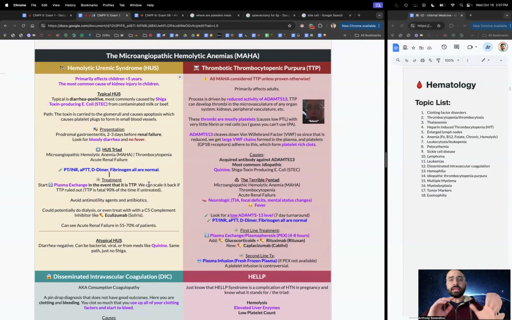Now, HUS can progress to something called TTP. I guess in the case that you get this HUS with an adult, this can go to TTP, which is extremely life-threatening. These are both pretty big deals. So if you're not sure which one, you actually start plasma exchange. And this, I guess, is similar to IVIG.